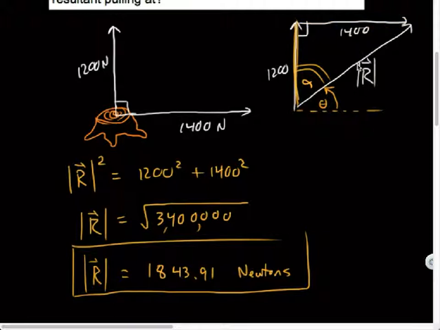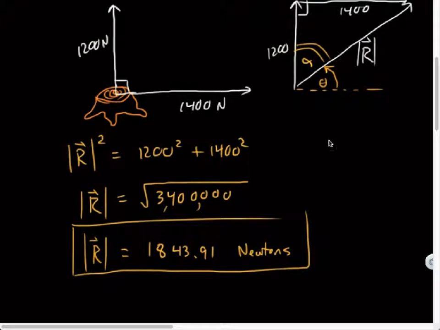What trig ratio compares adjacent and opposite? Tangent. So tan alpha equals opposite, the 1,400, divided by the adjacent, 1,200. So alpha is going to be the tan inverse of that, and I end up getting 49.40 degrees.